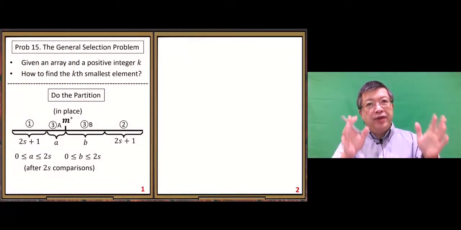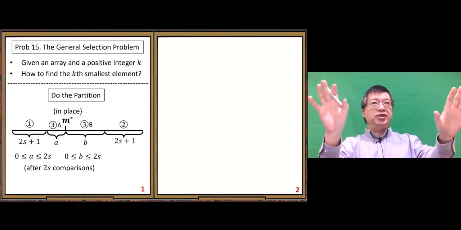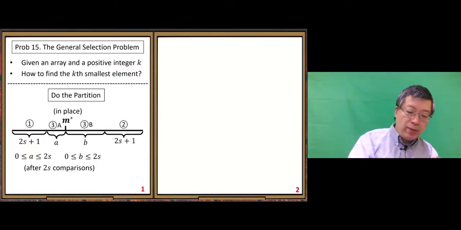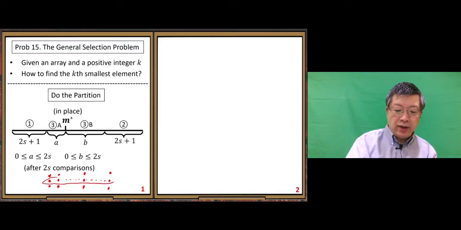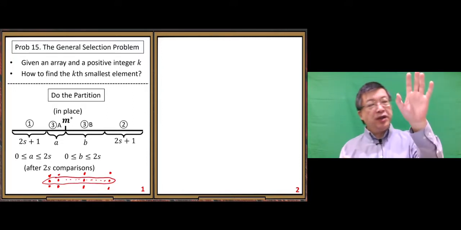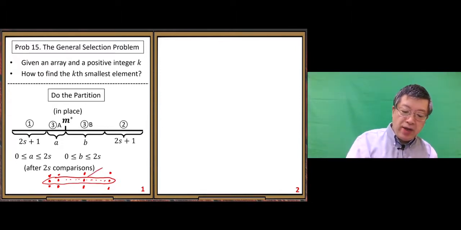So we are at this point. We use the 3-element partition. Remember, we divided all the elements of the given array into 3-element groups. Then we find medians of all the groups, and we get a median of the medians, M star.